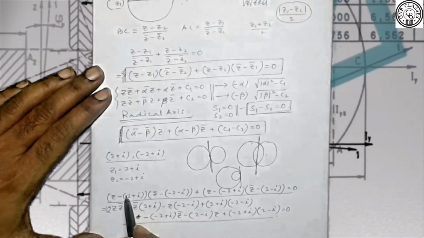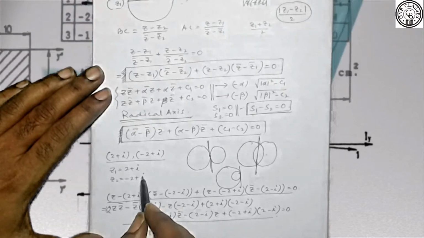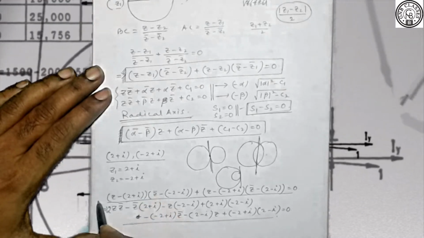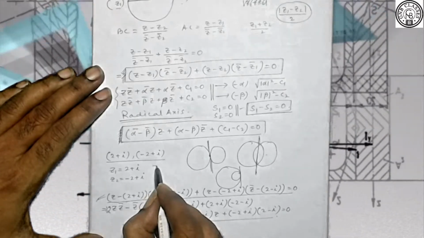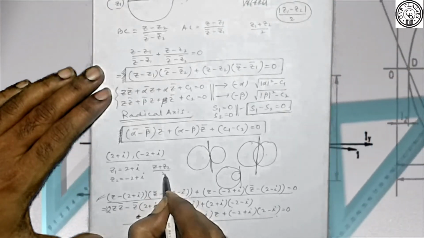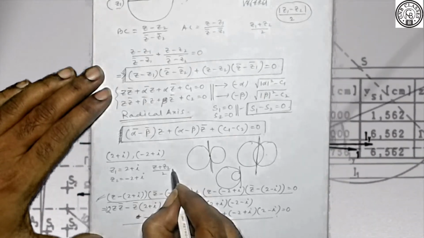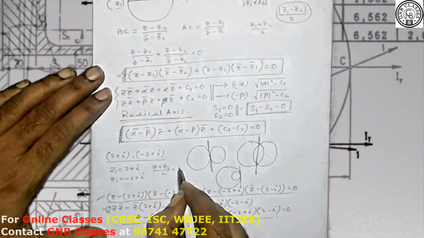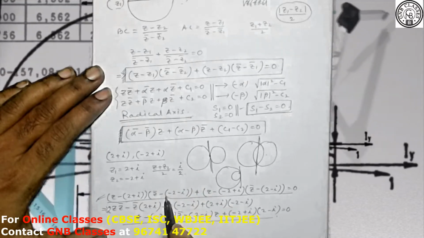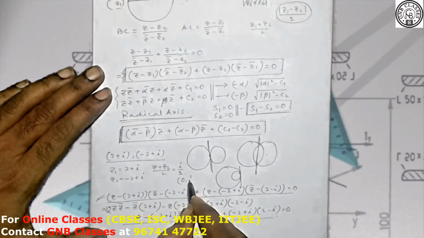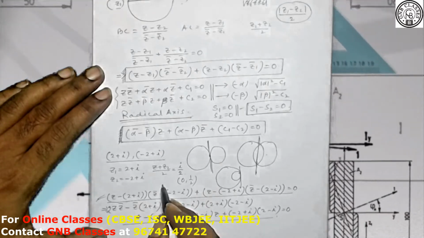Number two, if I ask you the center of this circle and its radius, the center will be (z1 plus z2) by 2, which comes to iota by 2. That is, the point on the complex plane will be (0, half). And what will be its radius?